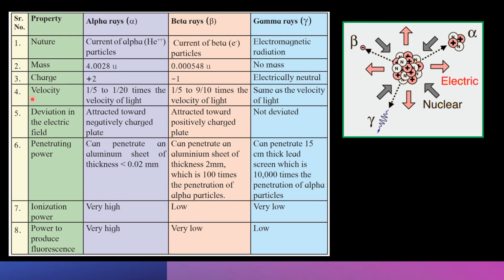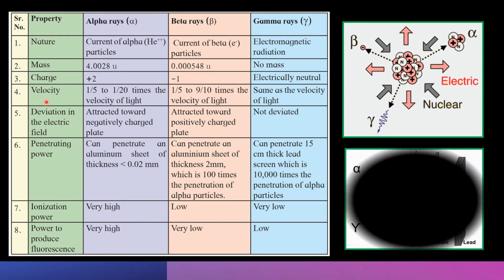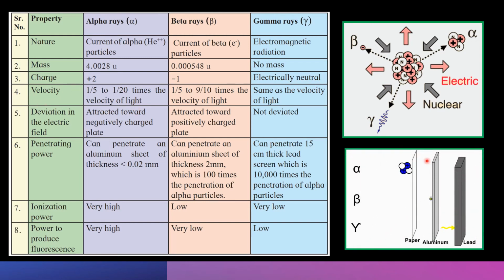When we look at the velocity with which they travel, alpha particles have a velocity of about 1/5 to 1/20th of the velocity of light, whereas beta rays are a bit faster. They have 1/5 to 9/10 times the velocity of light, and the fastest are gamma rays, which travel with the same velocity as light.